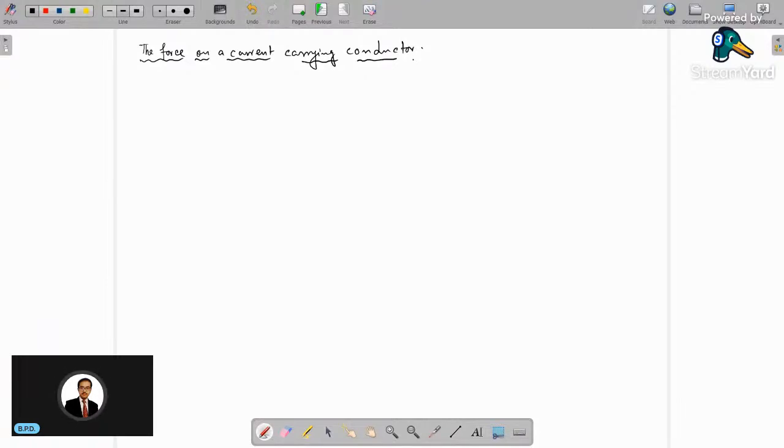Let us first understand the experiment which is being done in our textbook. Then we are going forward further for detailed understanding. In our textbook, an arrangement has been shown here.